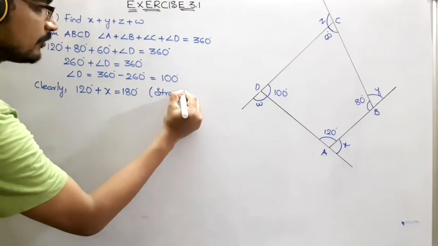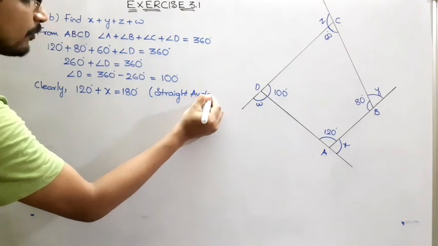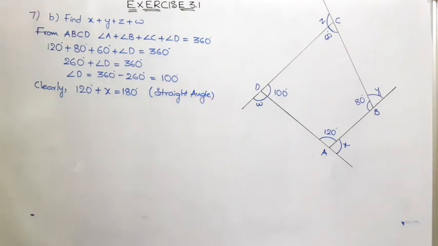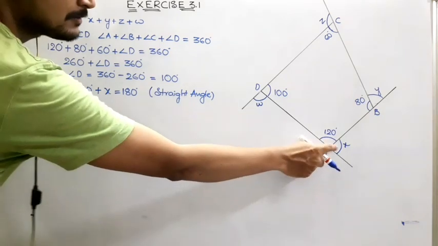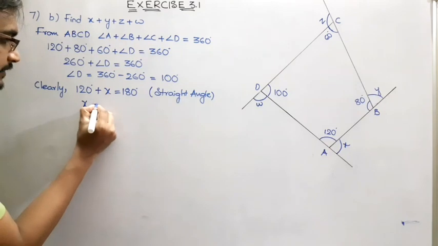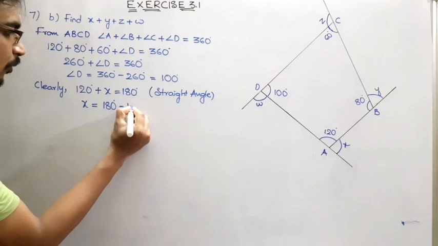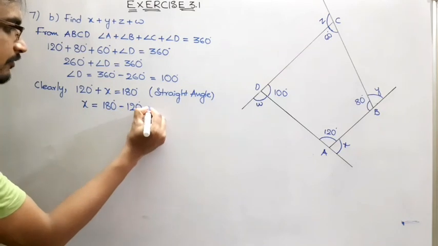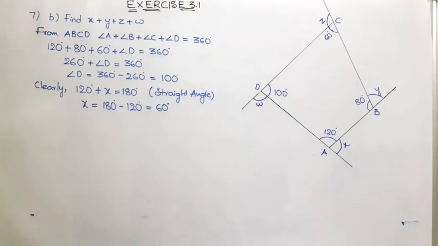The straight angle measure is 180 degrees, as you know. So using the same property, 120 degrees plus x is equal to 180 degrees. Then x is equal to 180 degrees minus 120 degrees, which gives us 60 degrees. We got the value of x as 60 degrees.